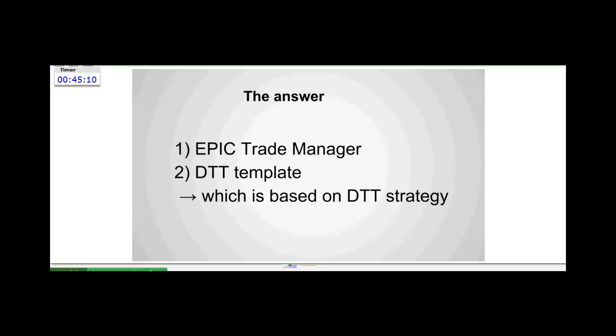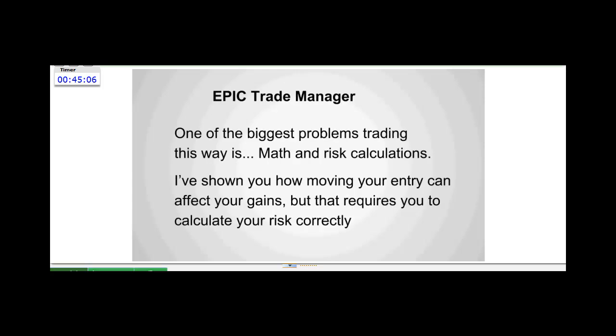First of all, we're going to talk about the trade management, how we can manage the risk and money. And we use that Epic Trade Manager, as we call it. The reason why we use it is that it's just not easy to implement. Maybe it sounds easy, but it's not as easy as it seems if you think about the math and the risk calculations involved when setting up a trade like this.